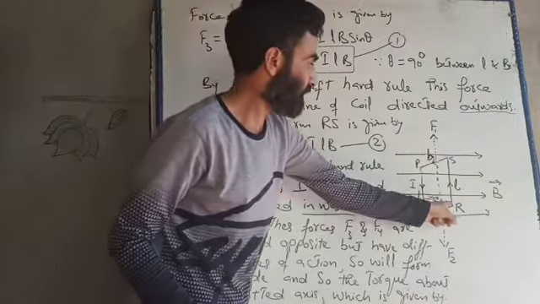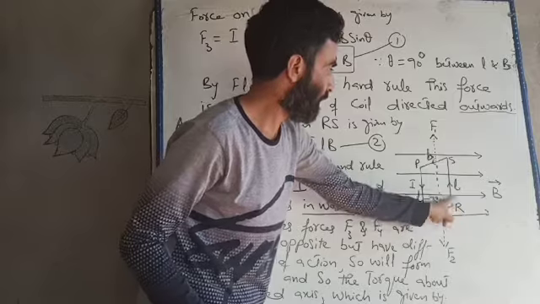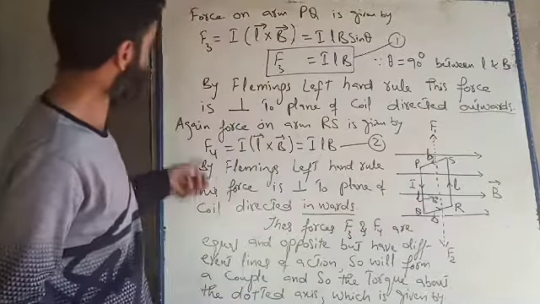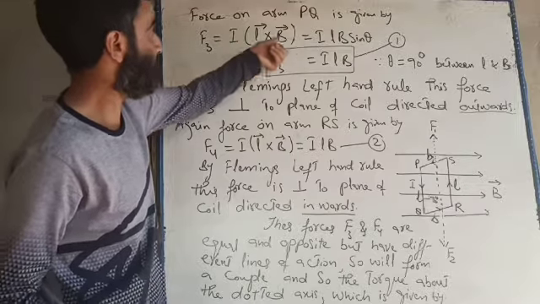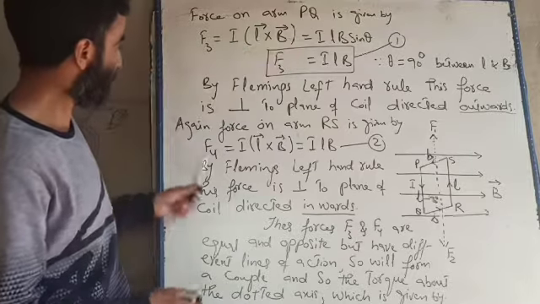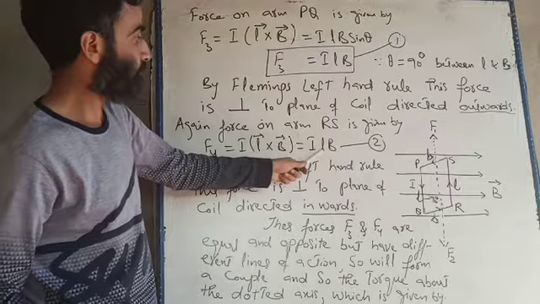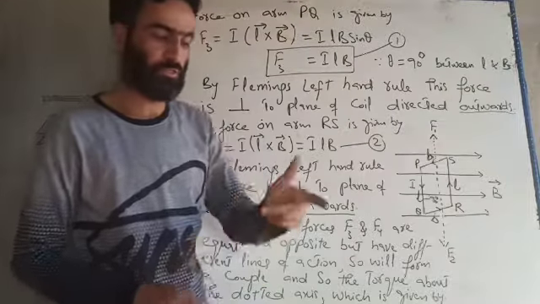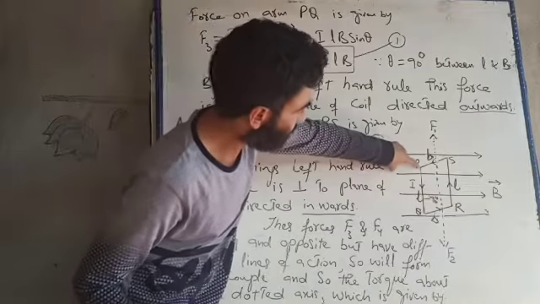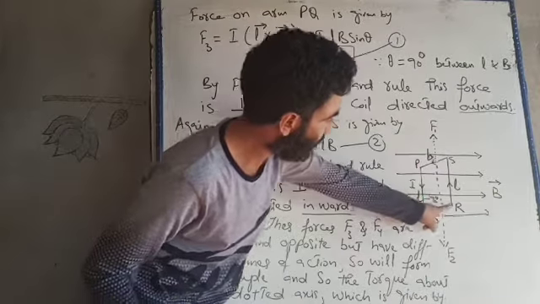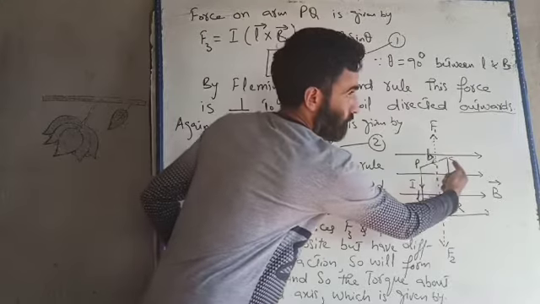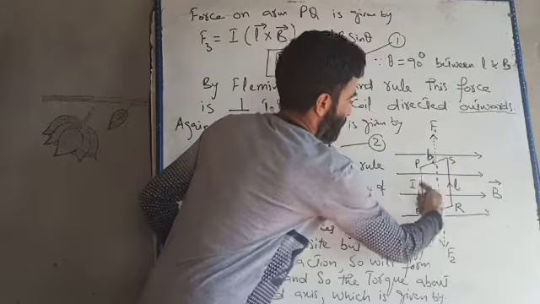The same, let us apply for this arm, R and S. But here one thing is different. The magnitude relation will be the same because current is the same, length is the same, and applied magnetic field is again the same. So we will get the same relation, but the direction of force will have to be seen by Fleming's rule. In the previous case the current was coming down. Now here the current is coming upwards, because the motion of current is anticlockwise.